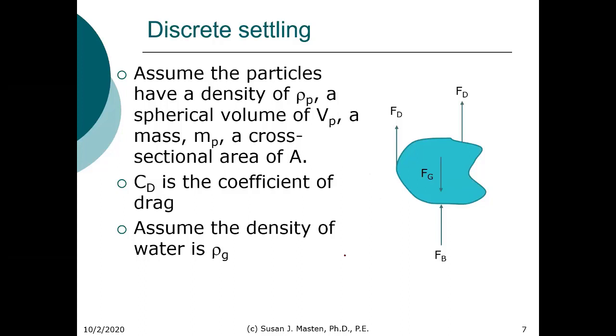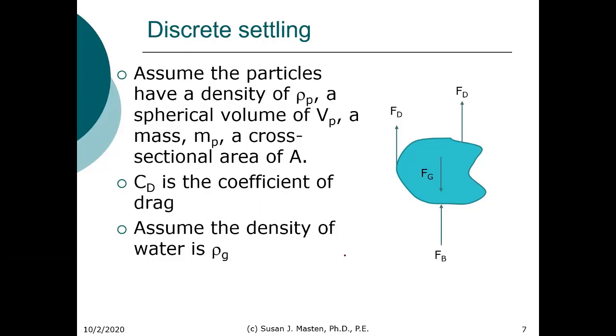So what we will do is we'll look at this discrete settling. So we have a drag force, we have buoyancy forces, and we have gravitational forces acting on these particles as they settle in this basin.